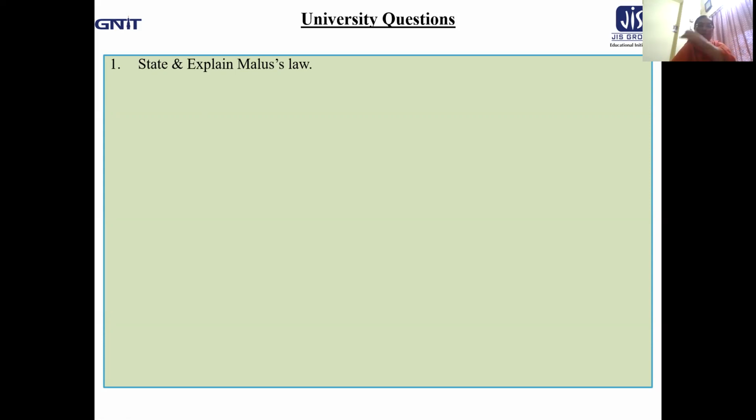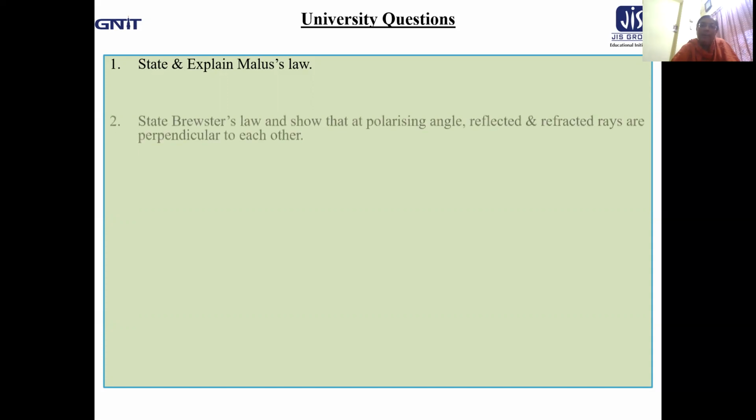I think you don't need any idea about it because you are already very familiar with it. All of you know it: I equal to I0 cos square theta. How to explain it is also known to you, using the necessary diagram. Clear? Next one.